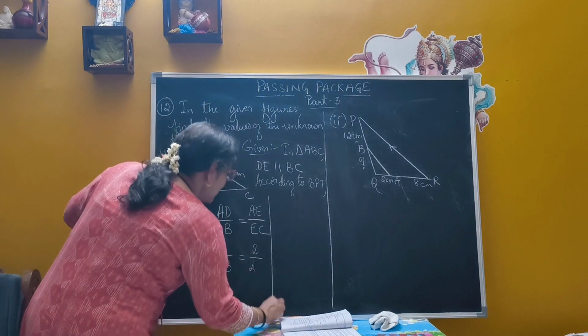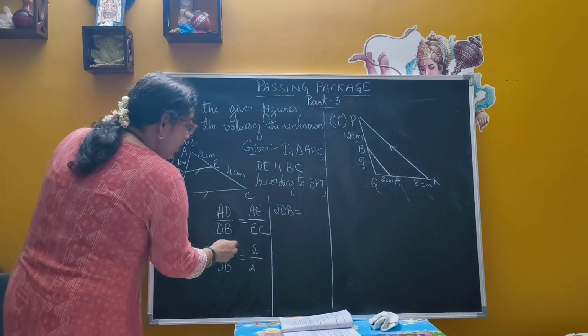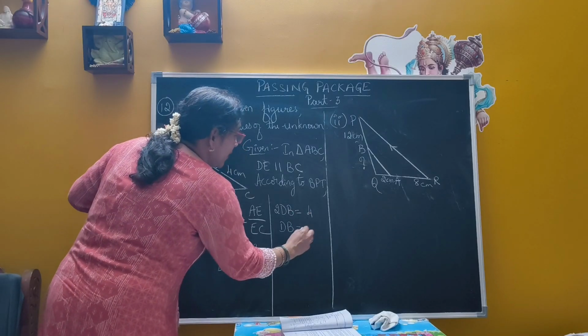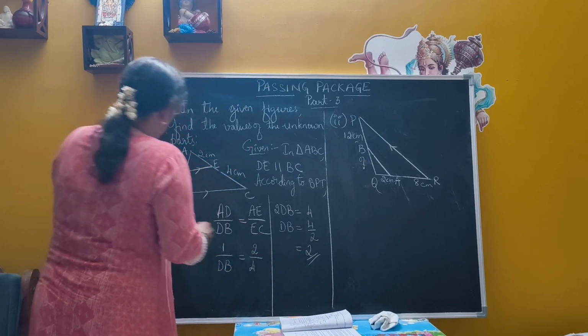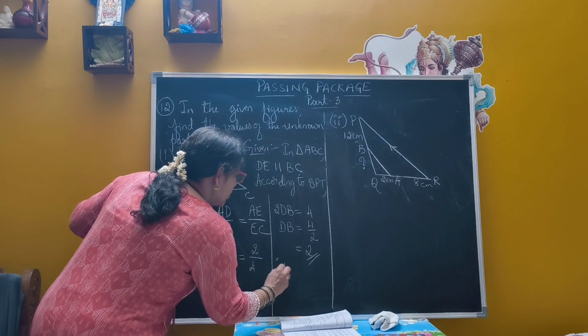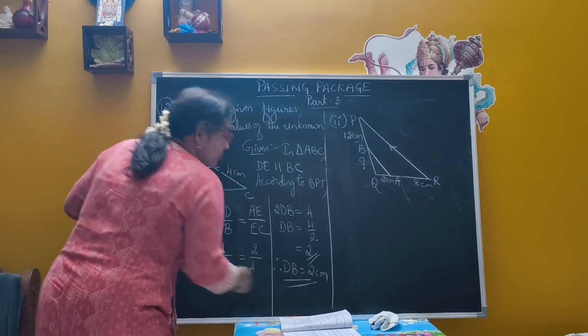So 2 DB is equal to 4 into 1, 4. So DB is equal to 4 divided by 2, that is 2. So DB value is 2 centimeter. Therefore the unknown part DB is equal to 2 centimeter.